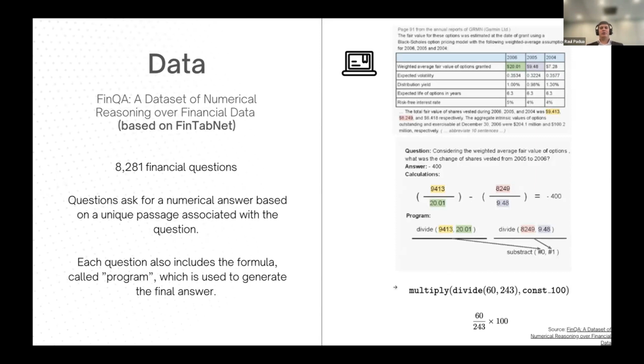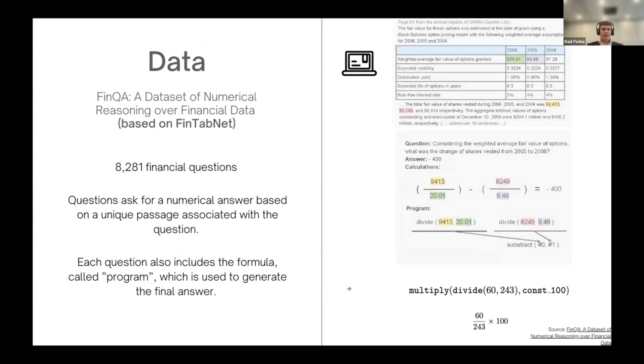In this example, multiply the division of these two numbers by this constant, and perform this math calculation, simple for humans but a little bit more complex for the model, right? And the other label was the straightforward answer. For each question, we had the formula, which is called the program, and also the final answer. We had two labels, and we're going to show the results we achieved here.